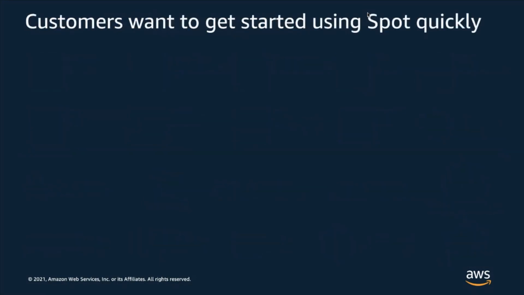So, at the end of the day, when customers hear about Spot and they see all these integrations, they typically want to get started quickly, right? They can't wait to get started, and they're anxious to go. All right, ready to use Spot, sounds great. How do I do it?